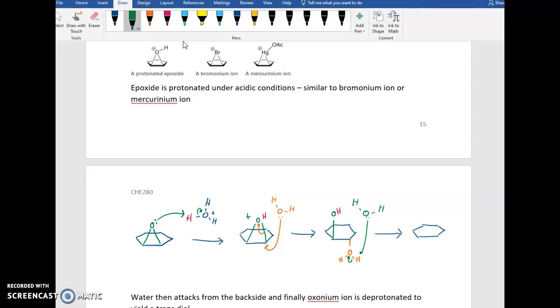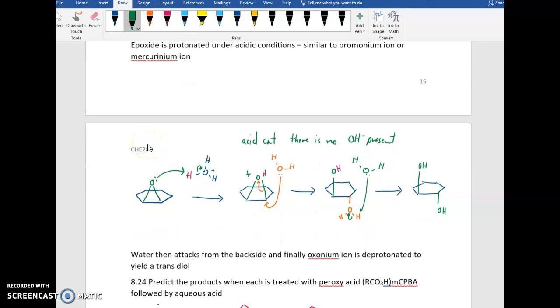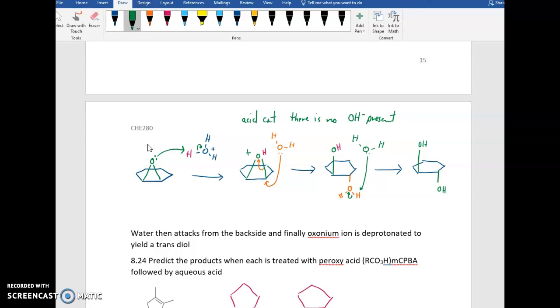So why didn't I just add a hydroxy? Well, I can't do that because this is acid catalyzed. There is no hydroxy. Okay, and that gives us this anti.